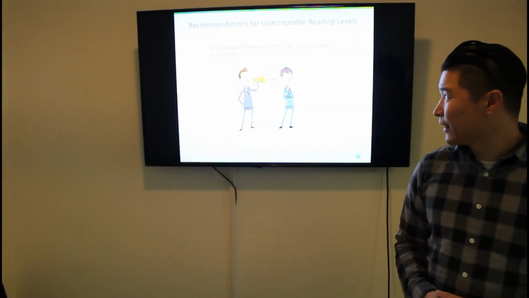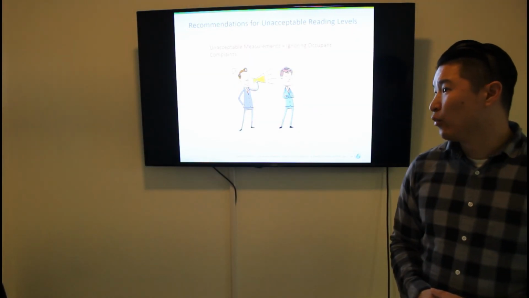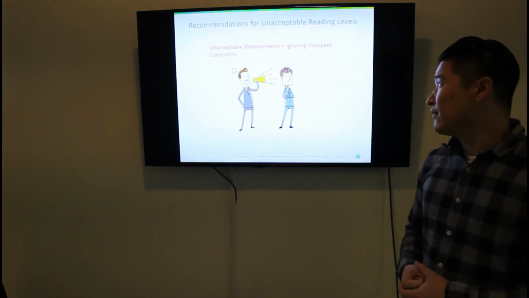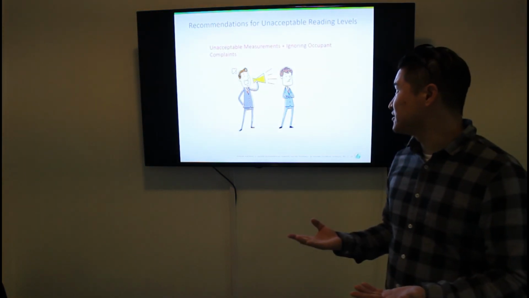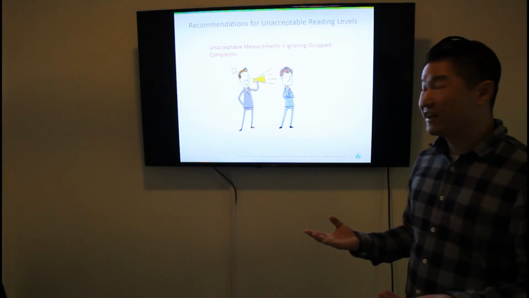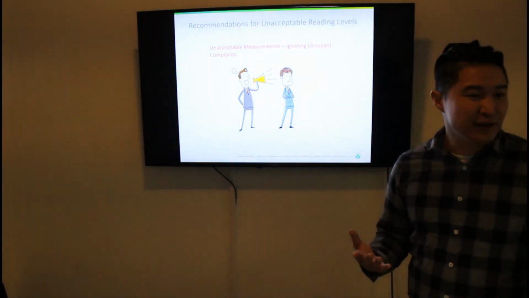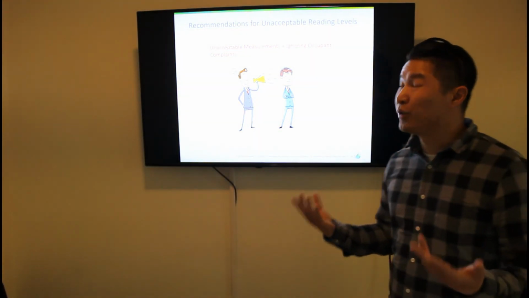Ultimately, the only time I would say where a property would fail the indoor environmental comfort test is if you are both getting unacceptable measurements and the tenants are obviously not comfortable and they complain and the property management team refuses to do anything about it.